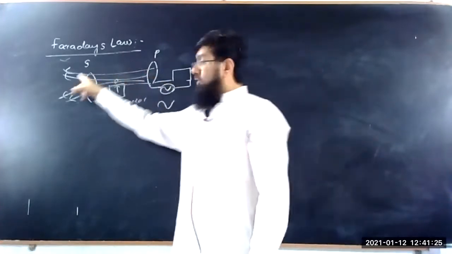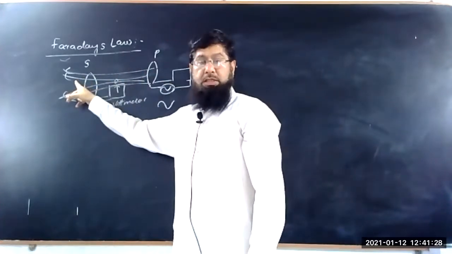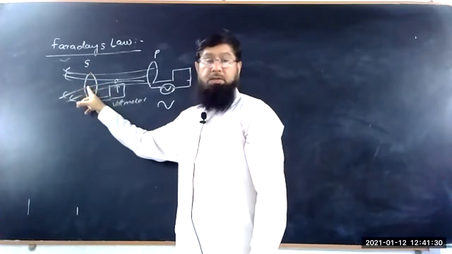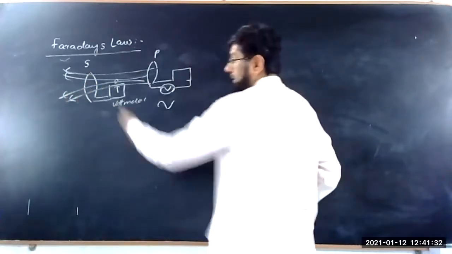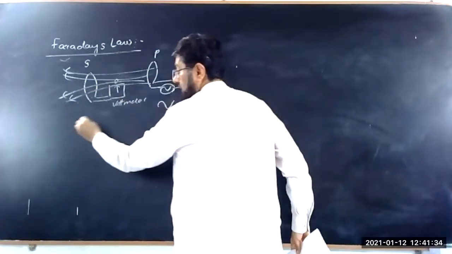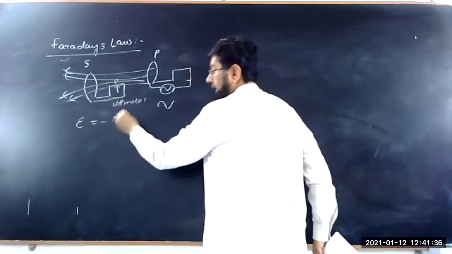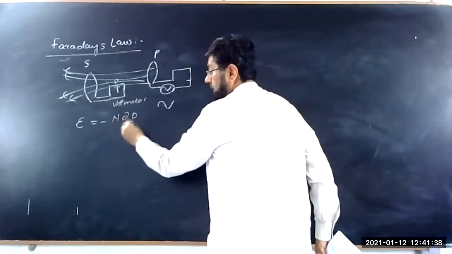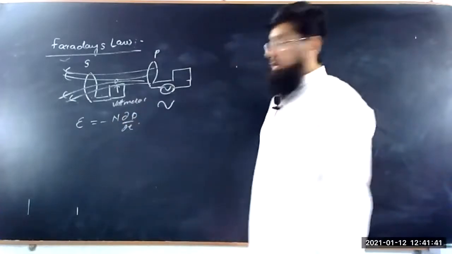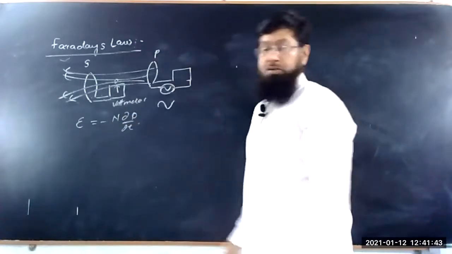So the rate of change of magnetic flux passing through the secondary coil will produce EMF in the coil. So the EMF in this coil is equal to minus N d phi over dt. This is the EMF in the secondary coil.